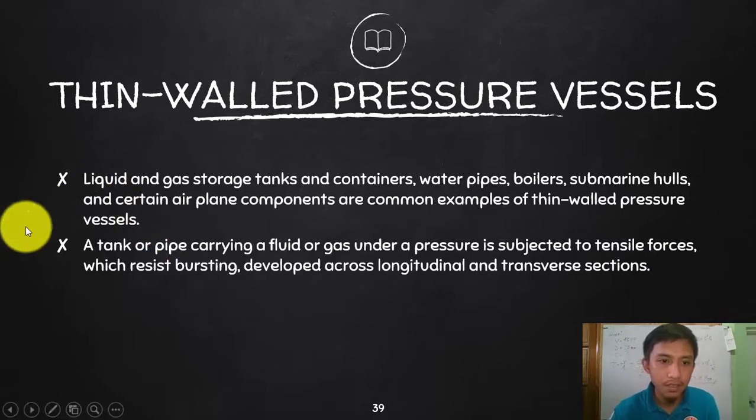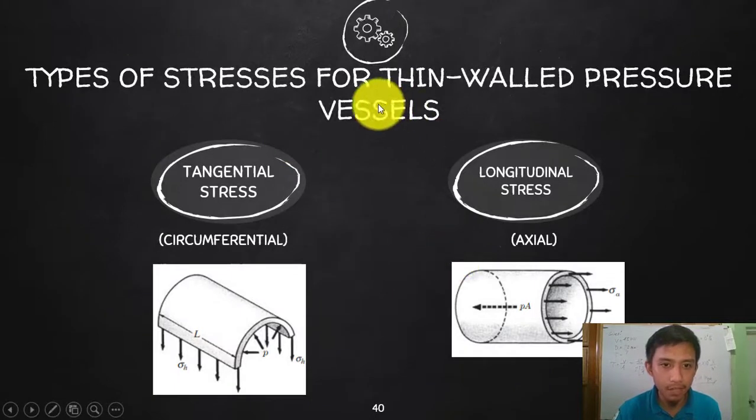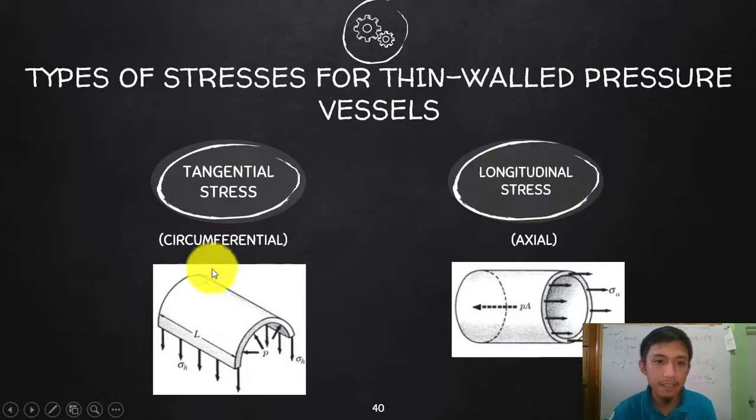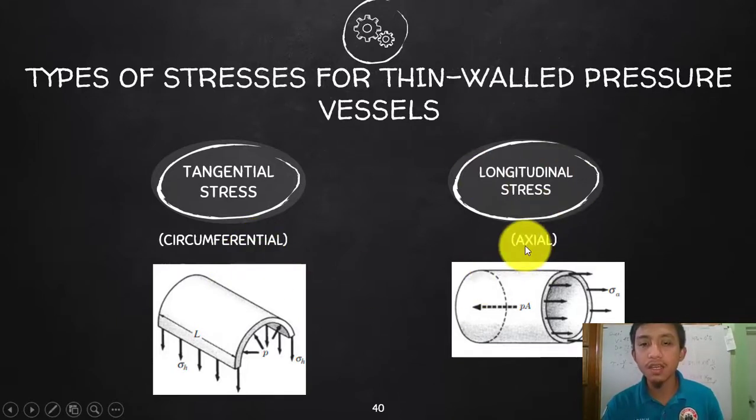Let's try to analyze this type of pressure. It will be categorized into two different types of thin-walled pressure. First is the tangential stress, and second is the longitudinal stress. Tangential could be called the circumferential stress, and longitudinal could be called the axial.